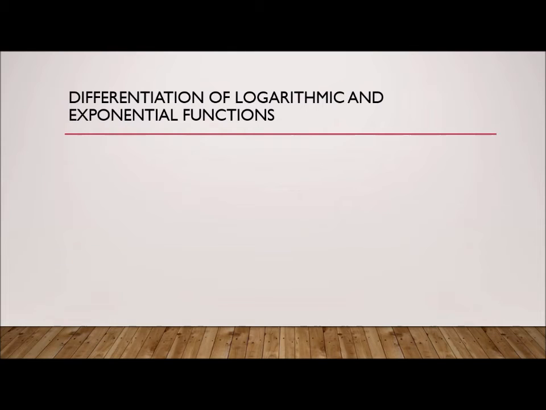Now we are looking at the differentiation of logarithmic and exponential functions. So given e in mathematics is approximately that figure, and if we have y is equal to e^f(x), we use the chain rule to differentiate, so we get d/dx of f(x) times the original function.